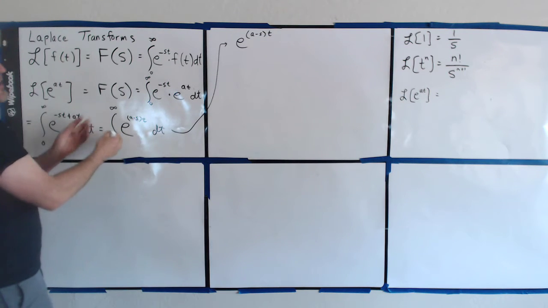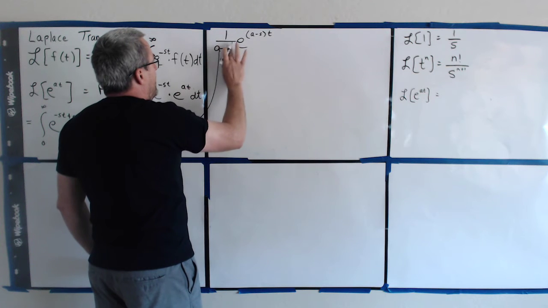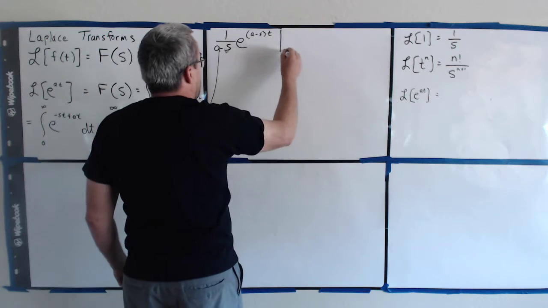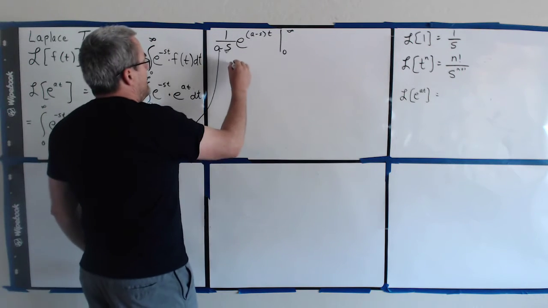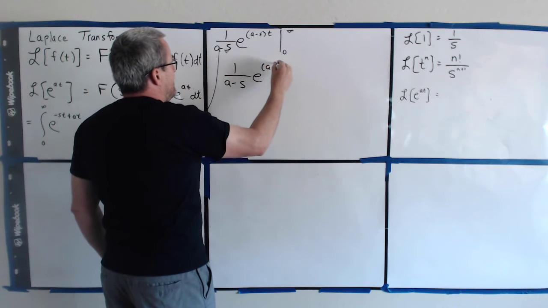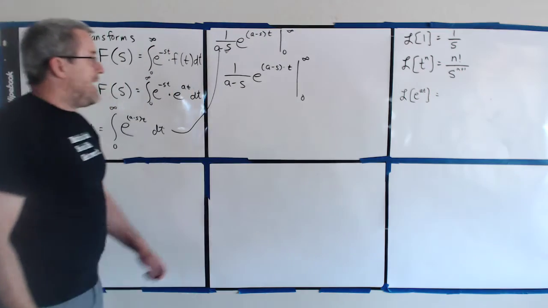There's no multiplier of a minus s, and so we must get rid of it. Evaluate that integral from 0 to infinity. So what we have is 1 over a minus s, e to the a minus s times t, evaluated from 0 to infinity. Let's see what happens.